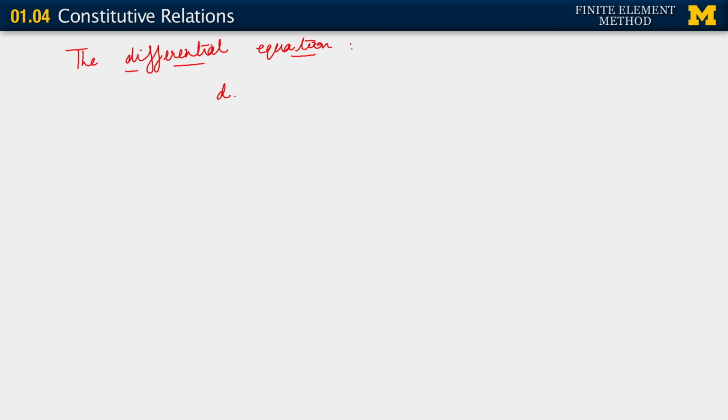We've written it in the form d sigma dx plus f, a function of x, as we discussed, is equal to 0 in (0, L).